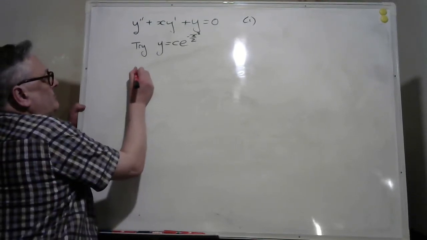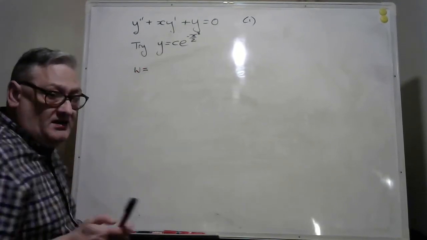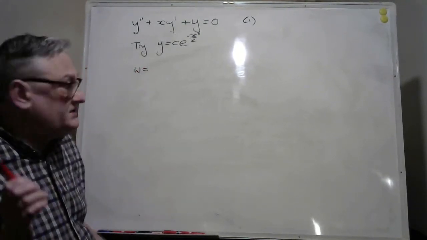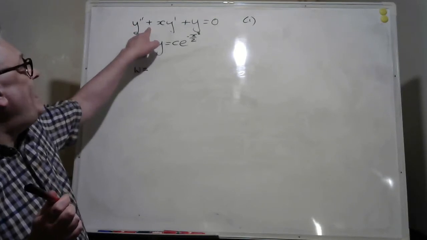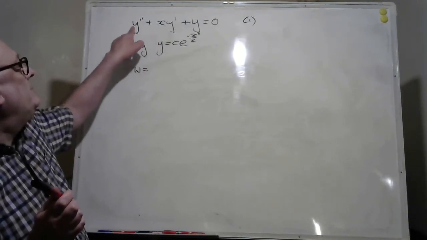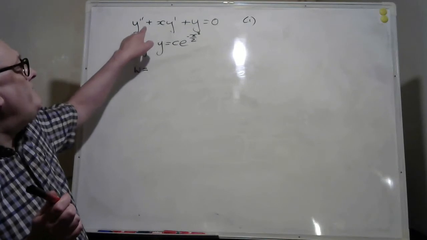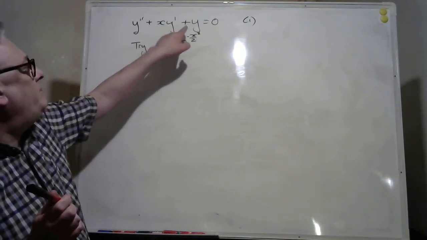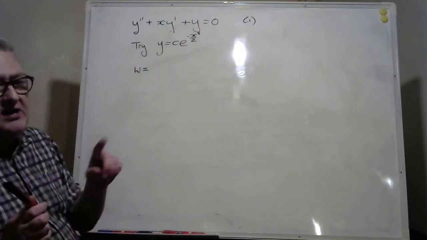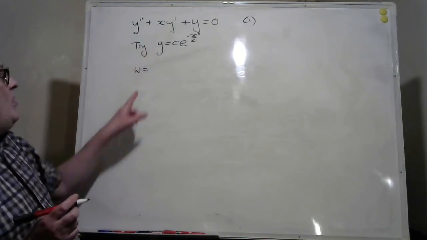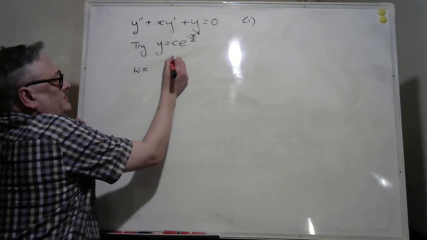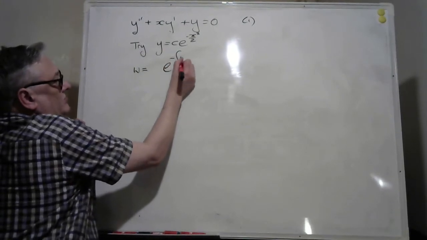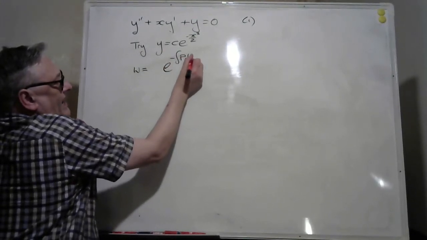So, the Wronskian, and you might have noticed in my last video regarding the equation where this was negative here. So y double prime minus x y prime plus y equals 0. In my last video, when I wrote down the Wronskian, I wrote down e to the minus integral of p dx.